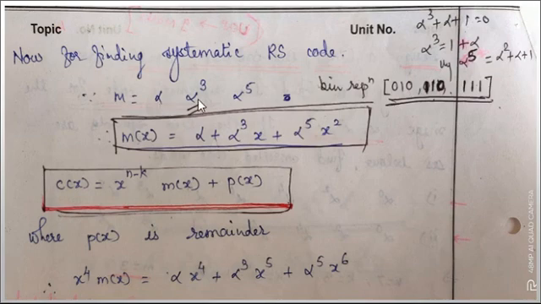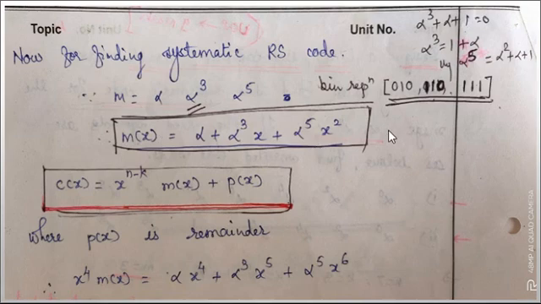That is alpha, alpha cube, and alpha raised to 5. If I want to represent this in terms of either d of x or m of x, it will be written like this. So here we are just varying the powers of x. So this alpha is actually the coefficient of x raised to 0. Alpha cube is the coefficient of x. Alpha raised to 5 is the coefficient of x square.